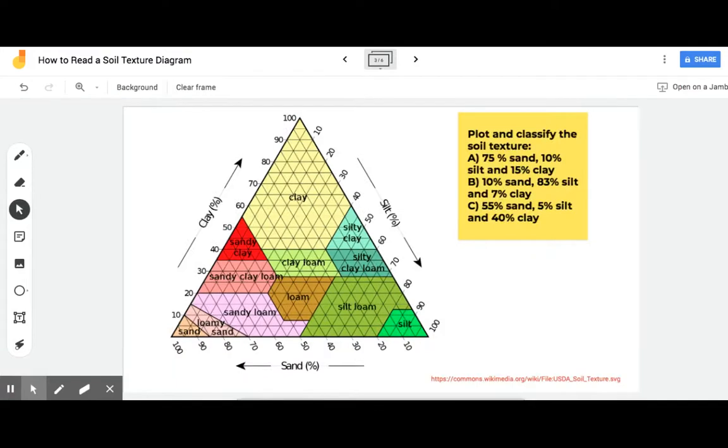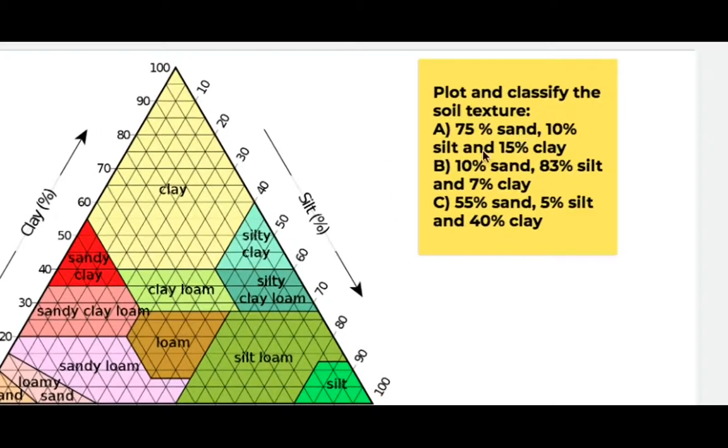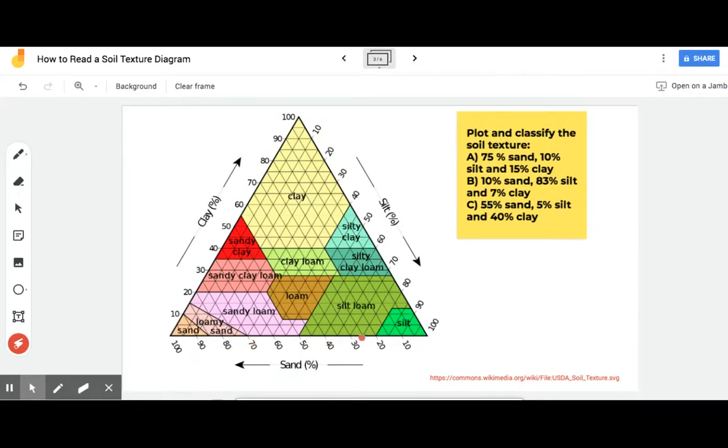Next problem, you're going to plot and classify the soil texture A, B, and C. You're going to name the soil texture. For example, letter A is 75% sand, 10% silt, and 15% clay. For 75% sand, you're going to go from here to 75.